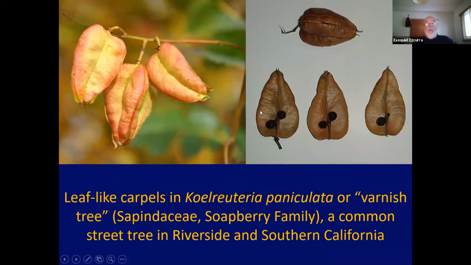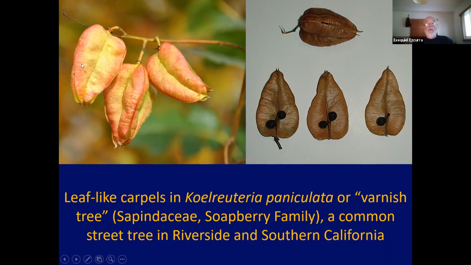Another common example, perhaps better because you can see it all over Riverside and all over LA, is this plant known as the varnish tree. It's a tree very commonly planted in streets. You will see them very often in the streets. The scientific name is Koelreuteria paniculata, in the soapberry family, the Sapindaceae.